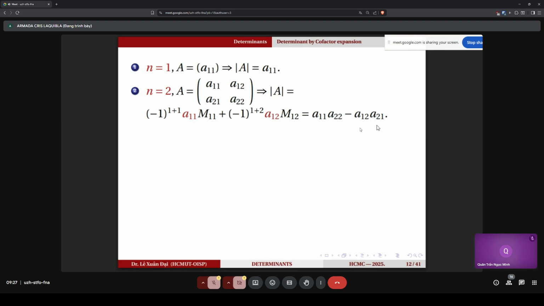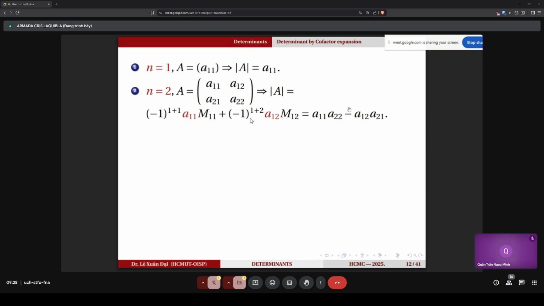Now applying the Mij's, first we pick the first row. For A11, we have negative 1 to the power of 1 plus 1, and then M11. Your M11 is the result when you remove the first row and the first column, so A22 will remain. That is why M11 becomes A22.